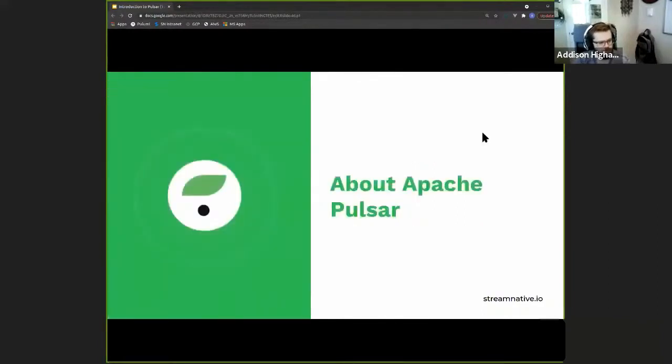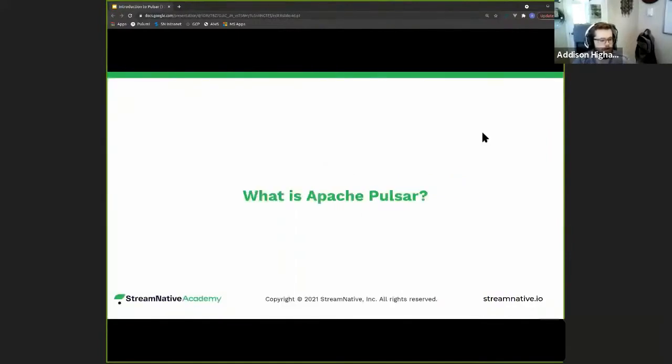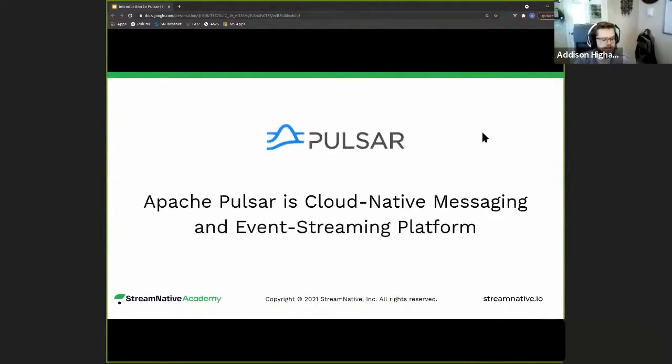First we'll talk a little bit about Apache Pulsar, what it is and where it comes from. At a high level, we call Pulsar a cloud native messaging and event streaming platform. By cloud native, it's a piece of software that's designed to really leverage the modern scale out cloud ability to add new capacity quickly, to scale back down, and to also integrate with technologies like Kubernetes that really help leverage that.